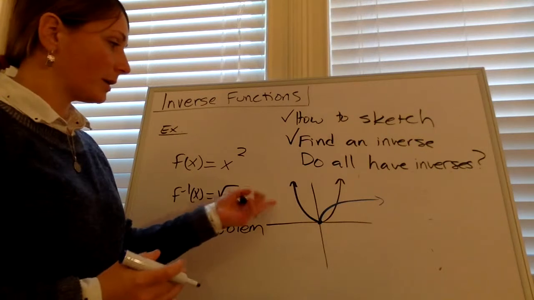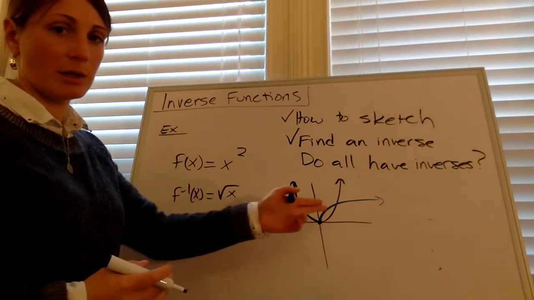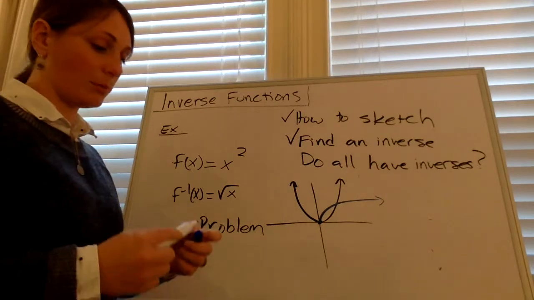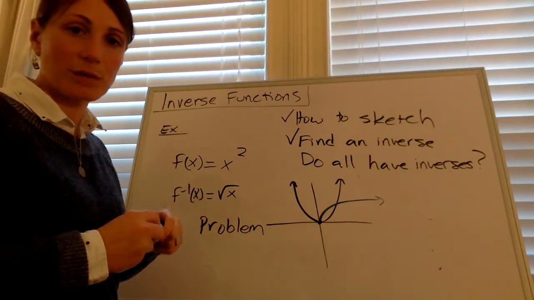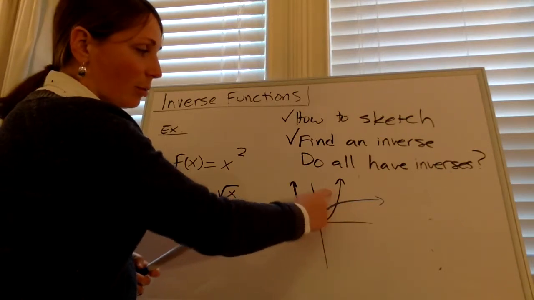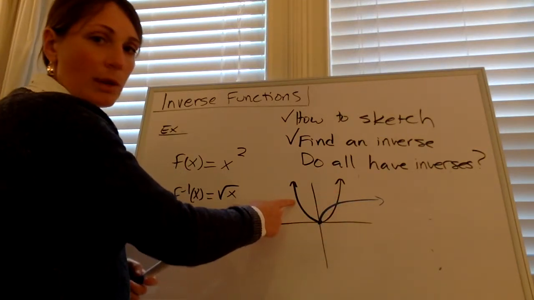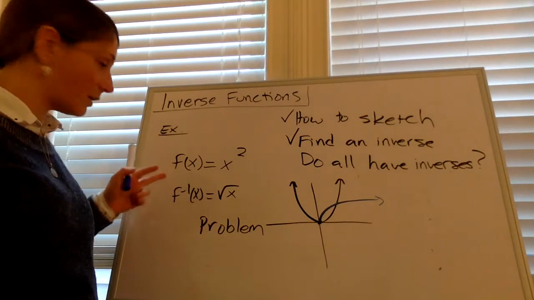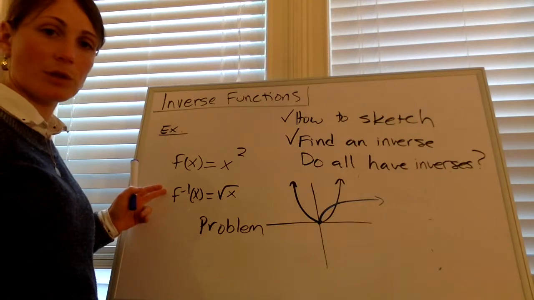So there's a problem here because the dark curve and then, well, I guess they're both dark to you, but these two curves are not perfect mirror reflections across y equals x. Part of them is. These two pieces we don't have a problem with, but this part here we have a problem with. So we can't properly say that these two functions are inverses of each other.